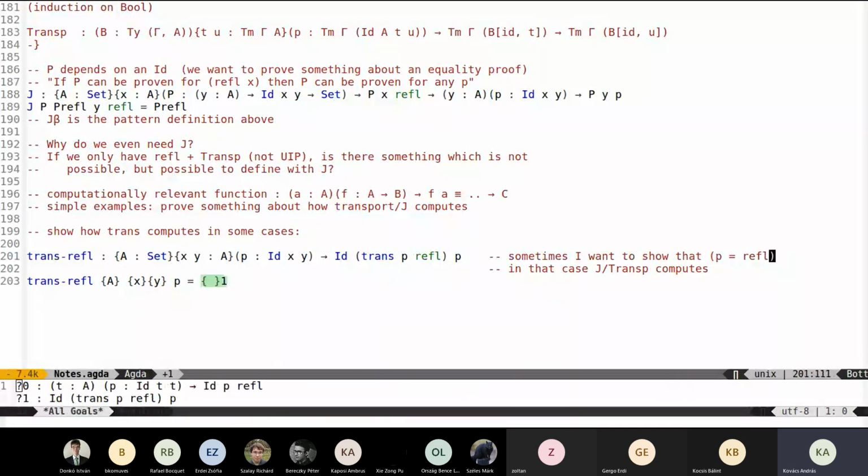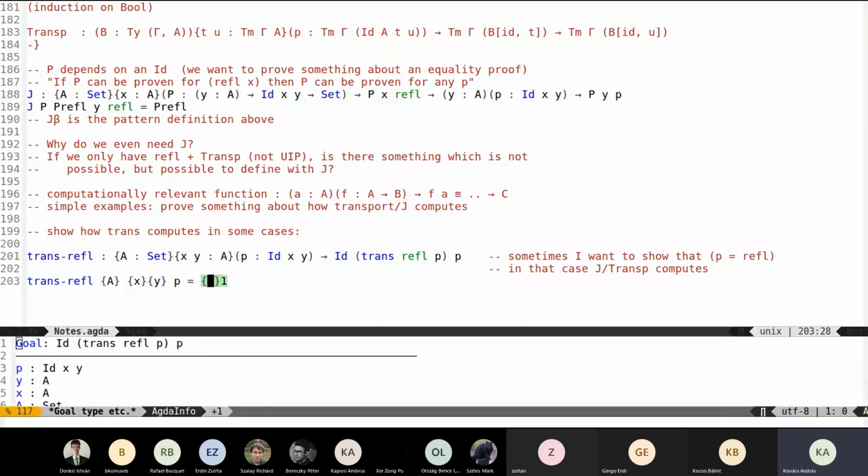But if I do it the other way around, then I don't have this computation rule automatically anymore. So then I have to do a proof. Here I have ID of trans ID X P refl equals P. And here I want to rewrite in the goal P to be refl.